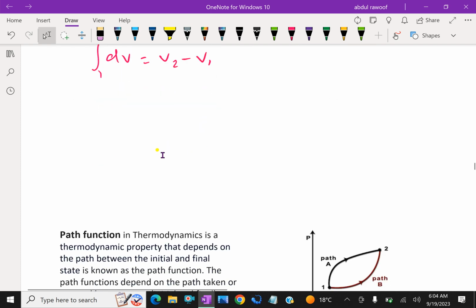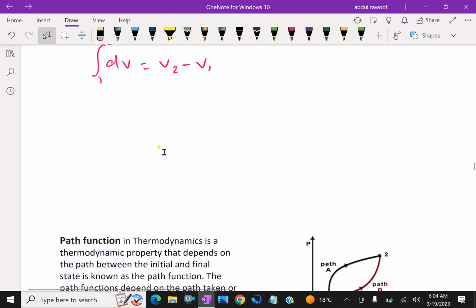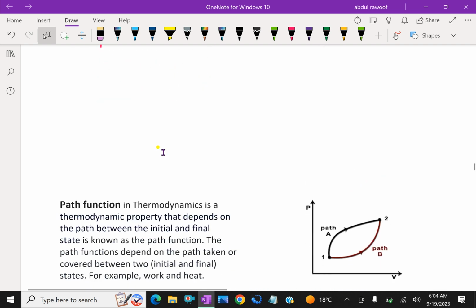Next is path function. There are certain quantities which cannot be located on a graph by a point but are given by the area on that graph. In that case, the area on the graph pertaining to the particular process is a function of the path of a process.